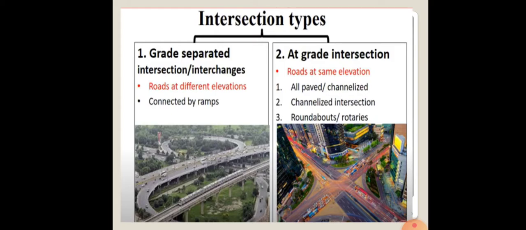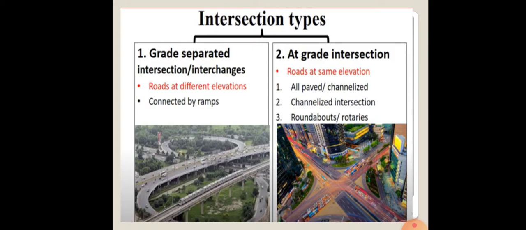A grade separated intersection is one in which the roads meet or cross each other at different elevations, and in this case the two roads that join together at any point will be connected by a ramp.